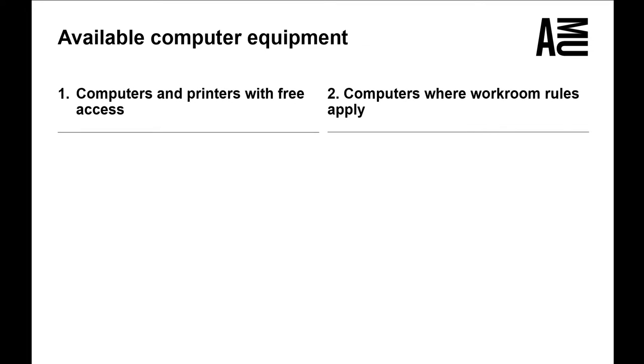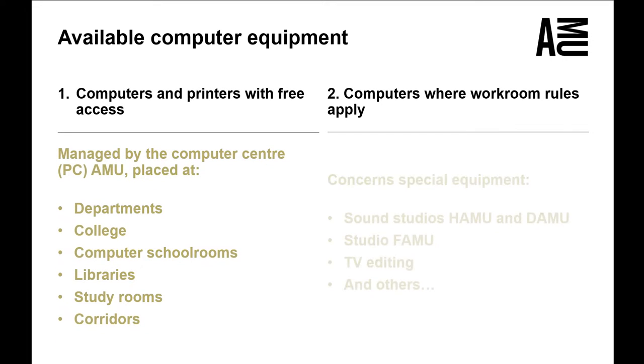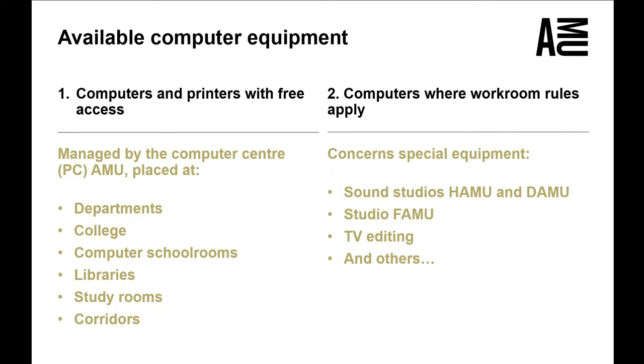So, computer equipment. Here at AMU we have two types of computer equipment. The first type are computers and printers, which are freely accessible in the corridors or in the computer rooms. You can get there by using the login information you got on the paper. We manage those. But then we have a second type of technology.